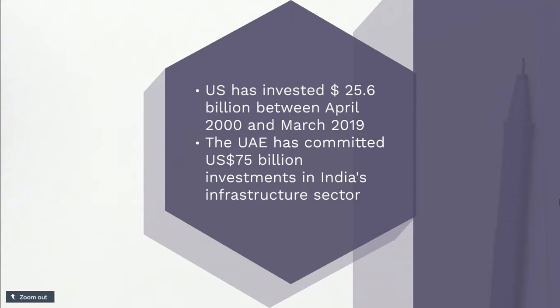Saudi Arabia as a whole is planning to invest 100 billion US dollars in energy, refining, petrochemicals, infrastructure, agriculture, and mining. So India is becoming a new investment hub, and this accounts to the capital account.